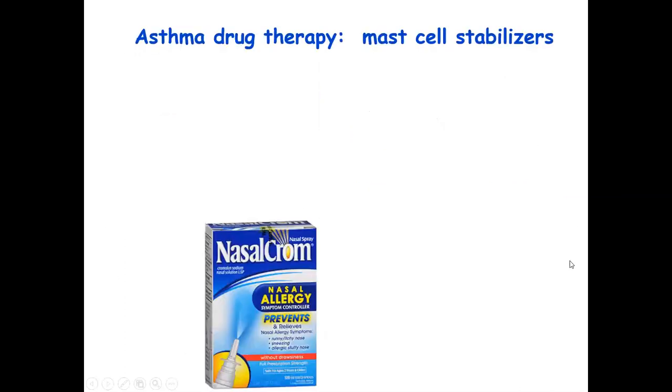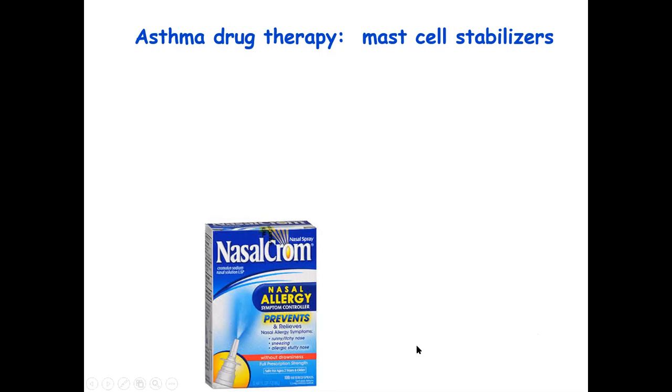Mast cell stabilizers were a big deal for a long time, just because there was a lack of anything else on the market. They have to be used continuously. They're no good after you have an allergic reaction or asthma attack. You can see right here, it prevents, which means you have to use it prophylactically.